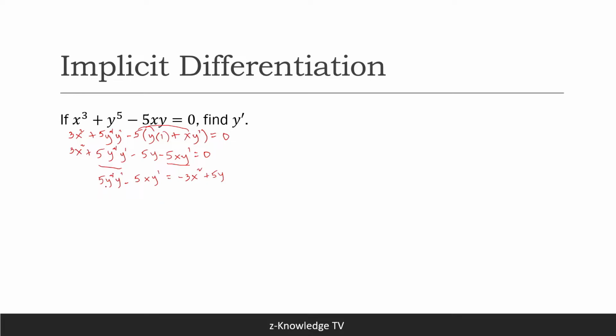Okay? Then, factor out natin. So, ilabas natin si y prime, matitira is 5y raised to 4 minus 5x is equal to, so arrange natin to. So, para maganda lang tignan, so 5y minus 3x squared. Then, divide by 5y raised to 4 minus 5x.